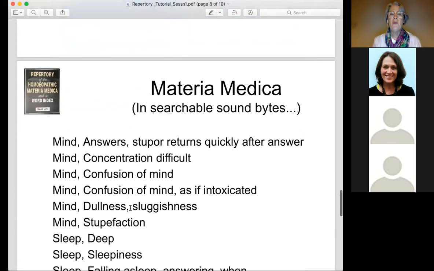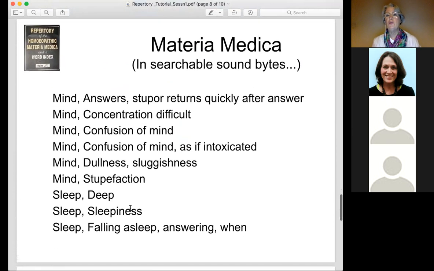So what if we wanted to take that and put it into searchable sound bites? We could take each of those things that was said and make it a separate little entry that could be associated with baptisia. Mind: answers, stupor, returns quickly after the answer; concentration difficult; confusion of mind as if intoxicated; dullness or sluggishness or stupefaction; deep sleep; sleepiness; falling asleep when answering.